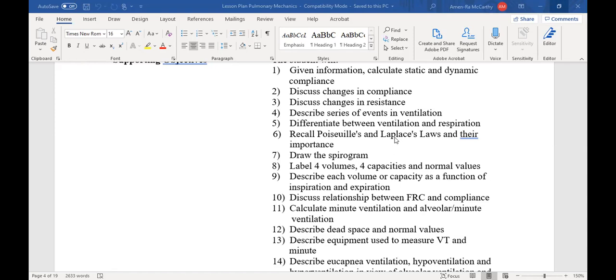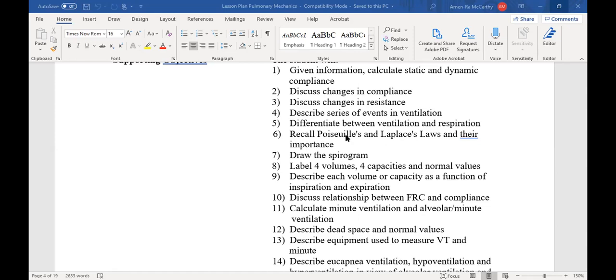Okay, we talked about that. And so that's the law of Laplace. That's his law. He says that that will happen in physics. But because of surfactant we can defy that law. And small alveoli can sit and communicate with larger alveoli without the fear of collapse, okay, because of surfactant.